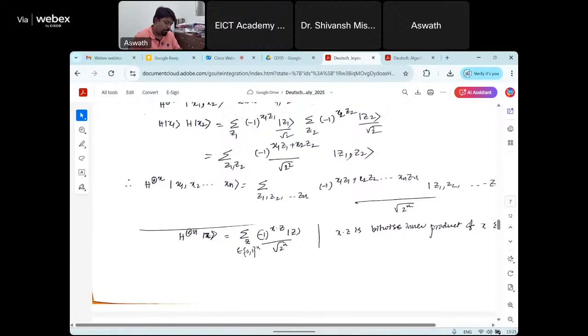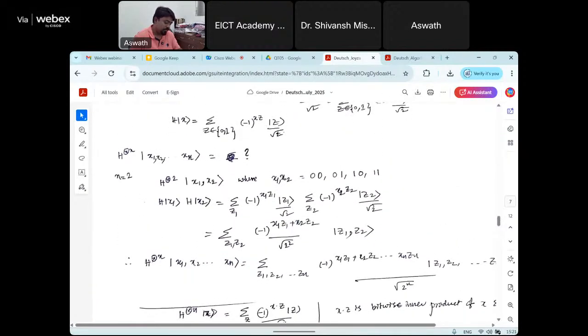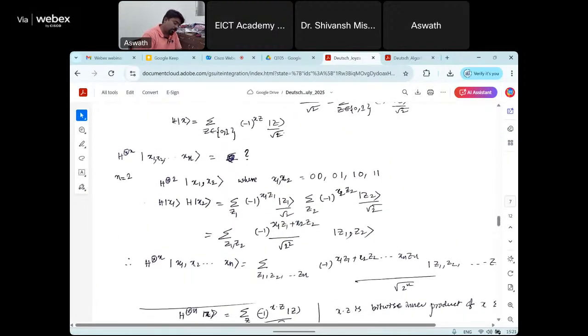If you see, h acting on x1, h acting on x2 gives you the summation over z1 z2 of minus 1 to the power of x1 into z1 plus x2 into z2, divided by square root of 2 squared, z1 z2 ket. That is what we'll get.